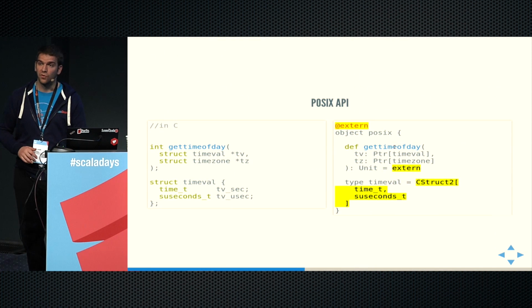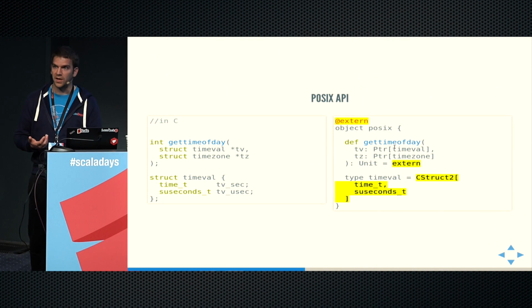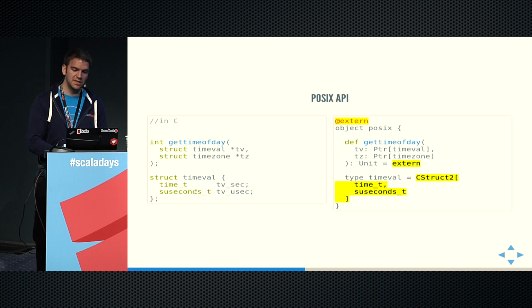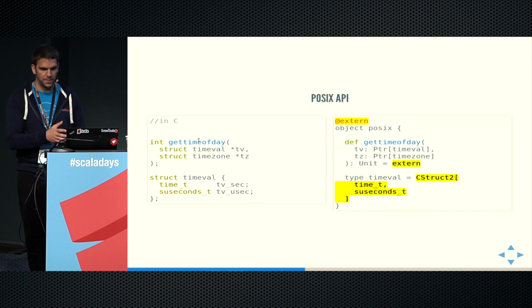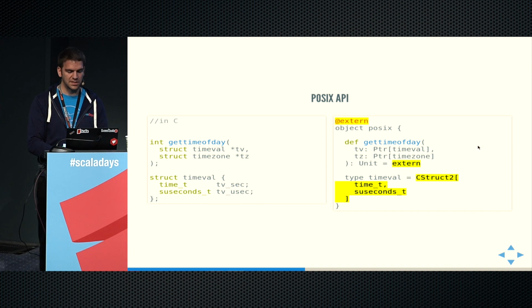In order to call this function, we first need to define its interface in Scala. On the left, you can see this function, gettimeofday, written in C. And on the right, you can see the Scala again. To call gettimeofday, you need to pass it a timeval.